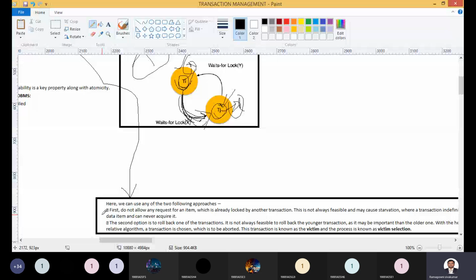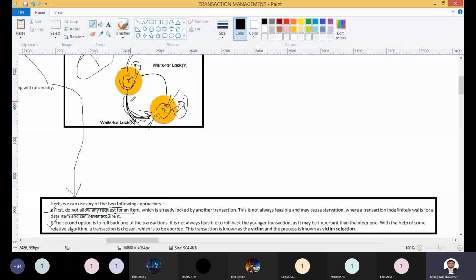The first approach does not allow any request for an item which is already locked by another transaction. If X is locked by Tj, then Ti is not going to be allowed.